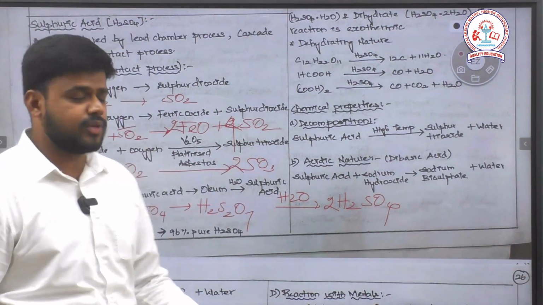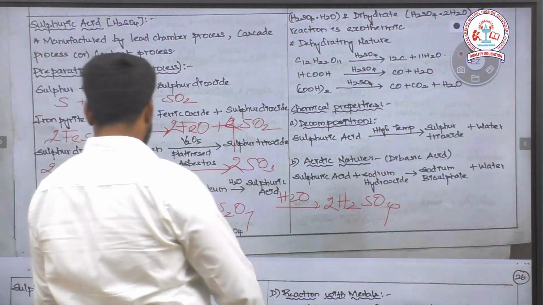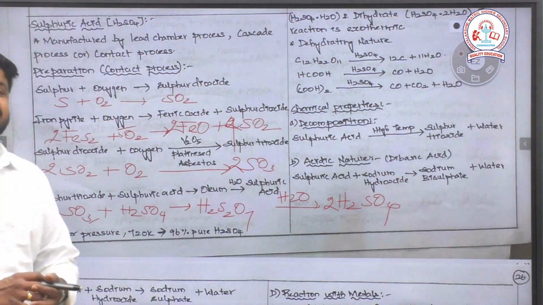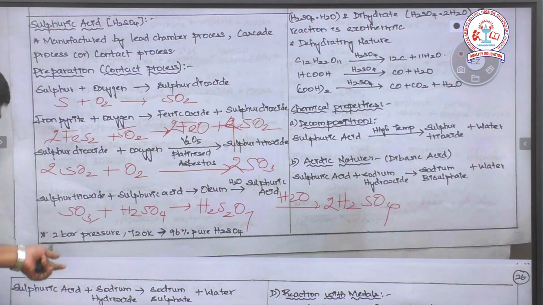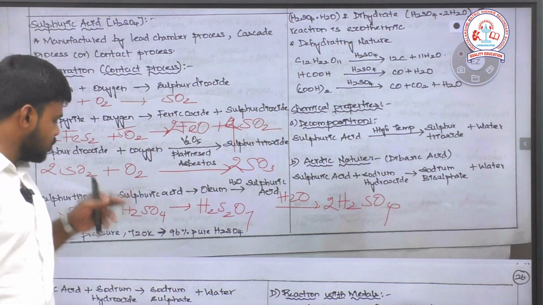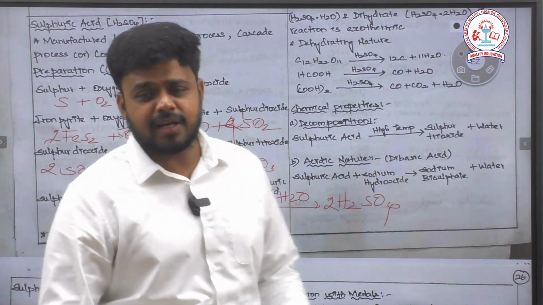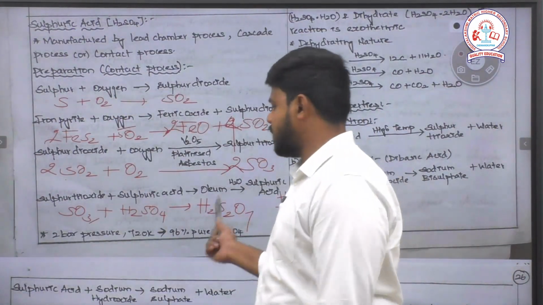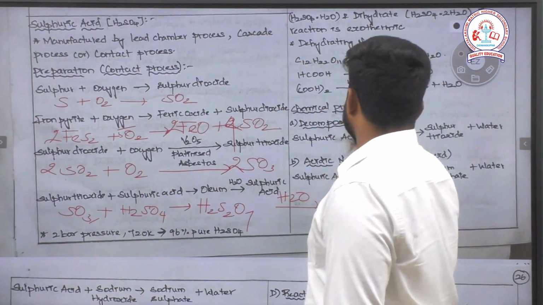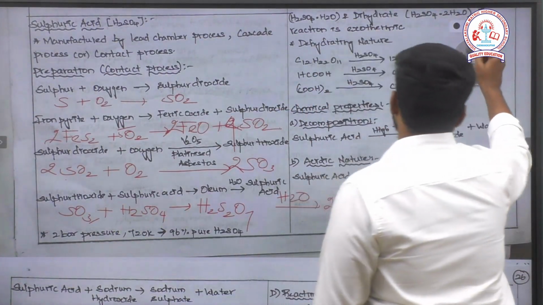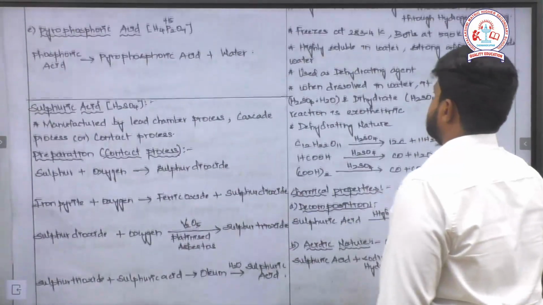Oleum is further hydrolyzed to get 2 moles of the sulfuric acid. Then this whole reaction will be effective by maintaining a pressure of 2 bar, and the temperature should be maintained at 720 Kelvin. As I said, this method of preparation produces the 96% pure sulfuric acid. So these are the conditions: 2 bar pressure, then 720 Kelvin. So you will be getting 96% pure sulfuric acid.